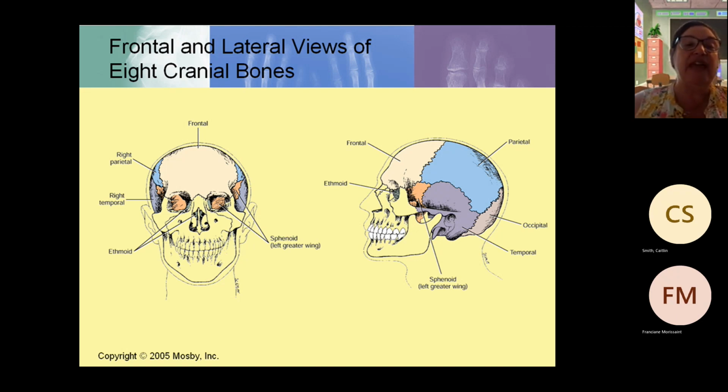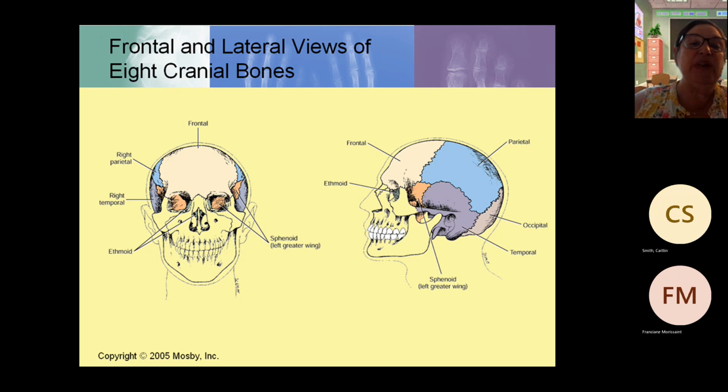In the front, when you look at the skull face on, it's very difficult to see the sphenoid or the ethmoid because it's in the base of the skull. But when you turn the skull lateral, you get to see all the bones of the skull itself.